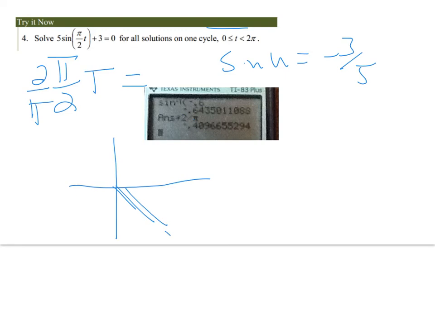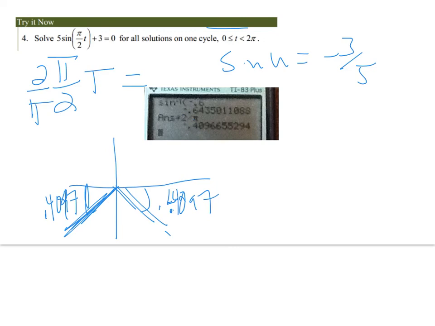We also know it's negative over here in quadrant 3, so let's do that right now. So we know this reference angle right here is 0.4097. I'm not worrying about the positives and negatives, because I know I took care of that by placing them in these quadrants.